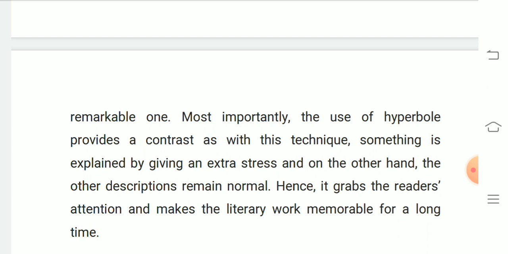The Greek term is meiosis, which means lessening, which deliberately represents something as much less in magnitude or importance than it really is. This is the contrary figure of speech of hyperbole.